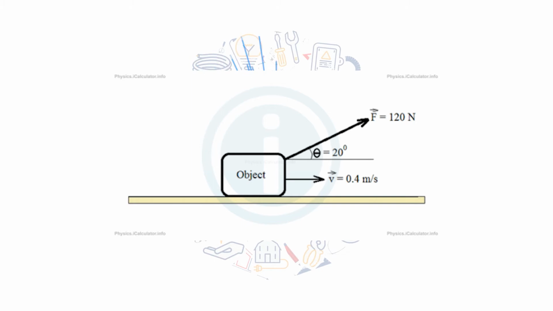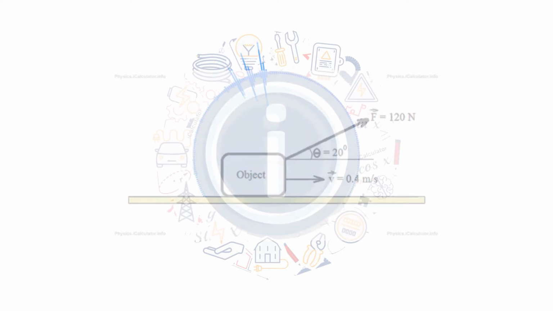As a result, the object moves at constant velocity with a magnitude of 0.4 meters per second. Calculate the useful power delivered by the source in watts. 1 watt equals 1 joule per second. Take cos 20 equals 0.94, sin 20 equals 0.34.